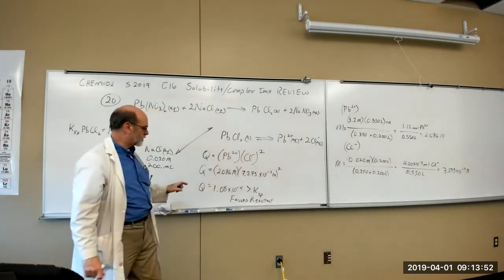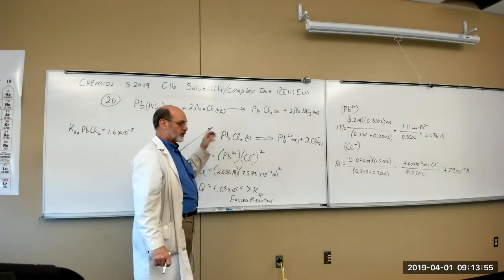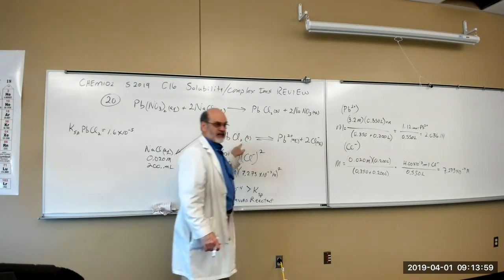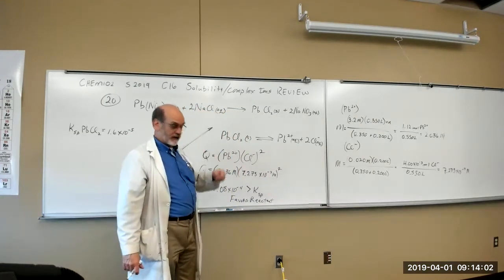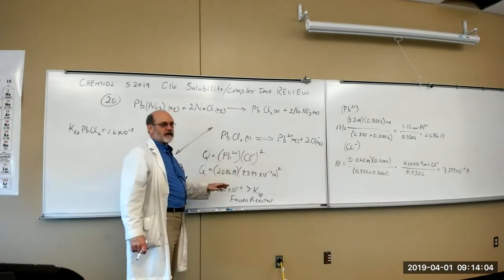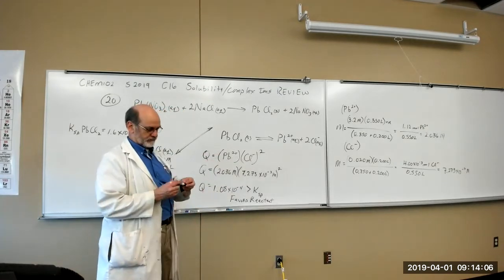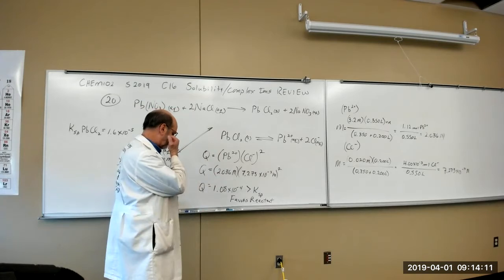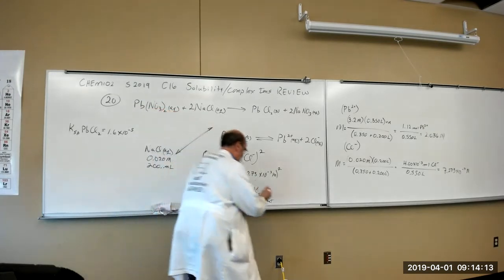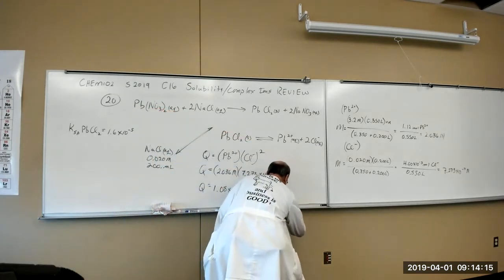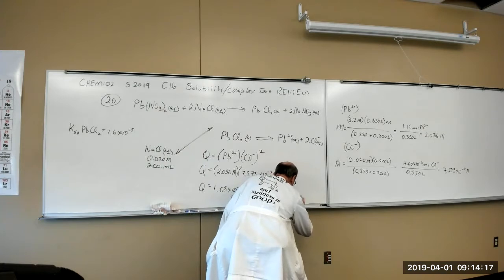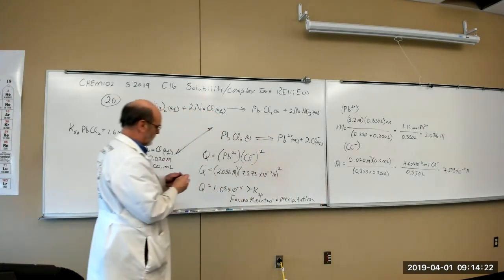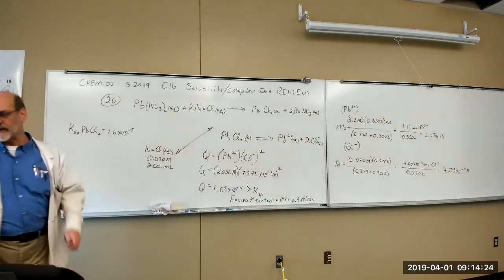If Q is greater than KSP, we're favoring the reaction, which means precipitation. Q is greater than KSP, you will get a precipitate. There we go. It favors precipitation.